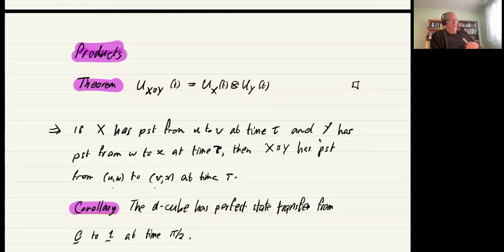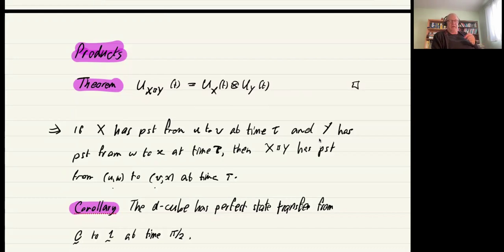Okay, and so we now have an infinite family of examples of graphs on which perfect state transfer occurs. And I mean, the cube is not the worst graph if you had to use it in practice, it's comparatively sparse. The valency of the vertices is the log of the number of vertices. So it's not a dense graph in any sense.